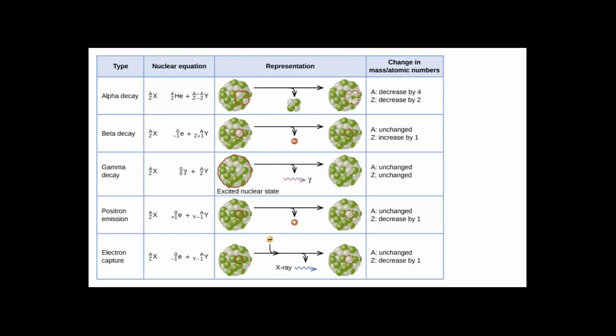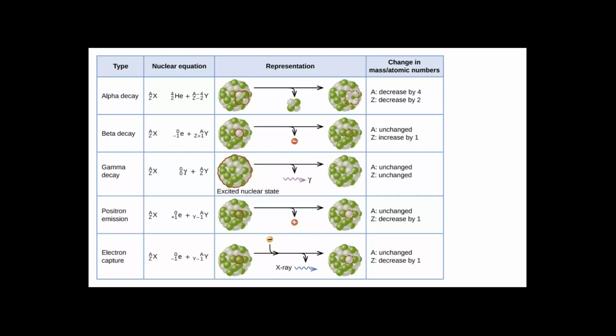In beta decay, the atomic mass is unchanged, but the proton number will increase by 1. In gamma decay, nothing happens in terms of atomic mass or atomic number. This accompanies alpha decay and beta decay, and really occurs afterwards. So gamma decay is just the means by which nuclei give off energy.